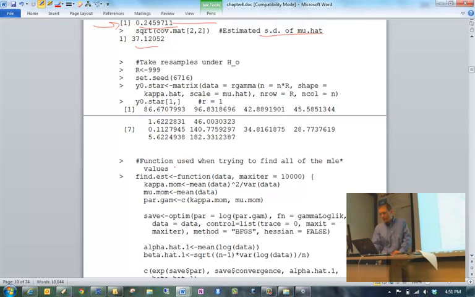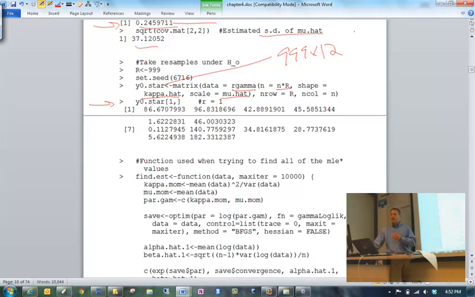So to take my resamples then, I use the rgamma function. N times R are the number of resamples because sample size is 12 and I want 999 resamples with replacement. My shape parameter is kappa hat, scale parameter is mu hat. And then here's my first resample. So I put this all into a matrix, a 999 by 12 matrix.